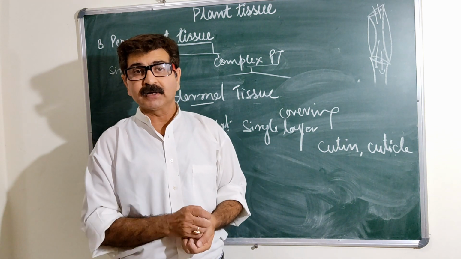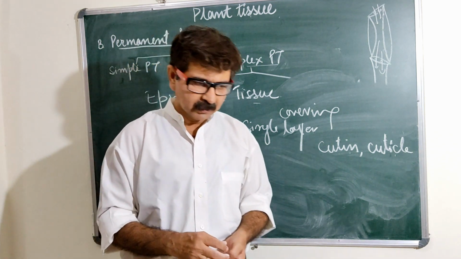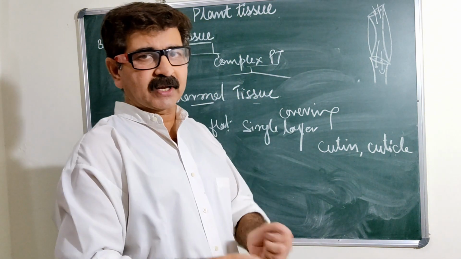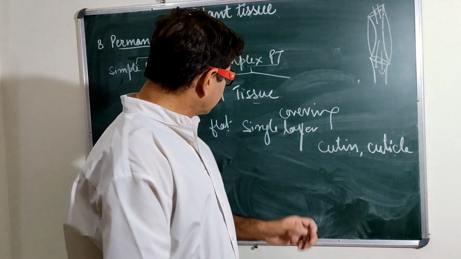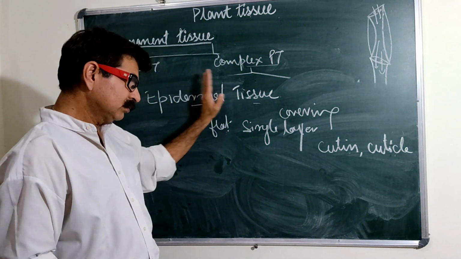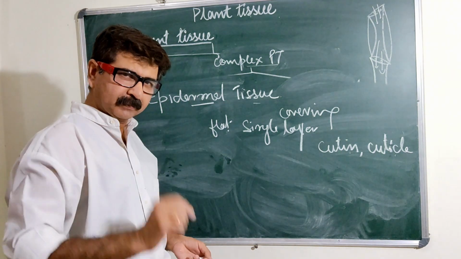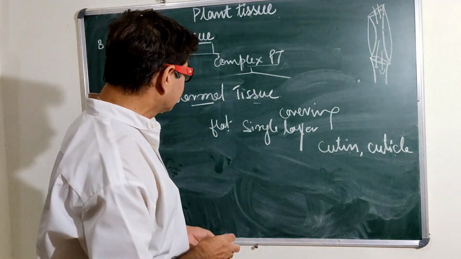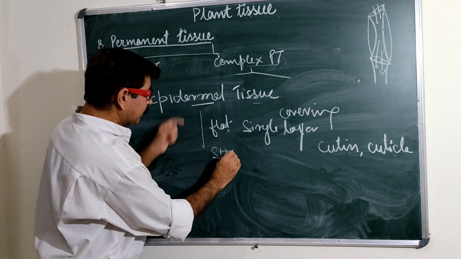Xerophytes are those found in desert plants, desert areas. There the layer is very thick and it prevents the loss of water. So here, epidermal tissue contains small pores on the leaf, and these pores are known as stomata.